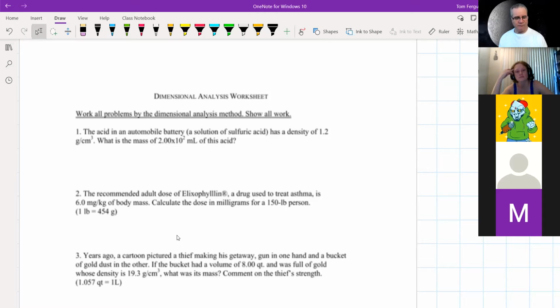And if it wasn't dense enough, we'd add more acid. If it was too dense, we'd add more water. So we get the density just right. And a hydrometer is a little floating device, and it's got a weight in it, and it's calibrated. And wherever the water level is on the calibration mark is what the density is. Now they use those devices, they look like this.